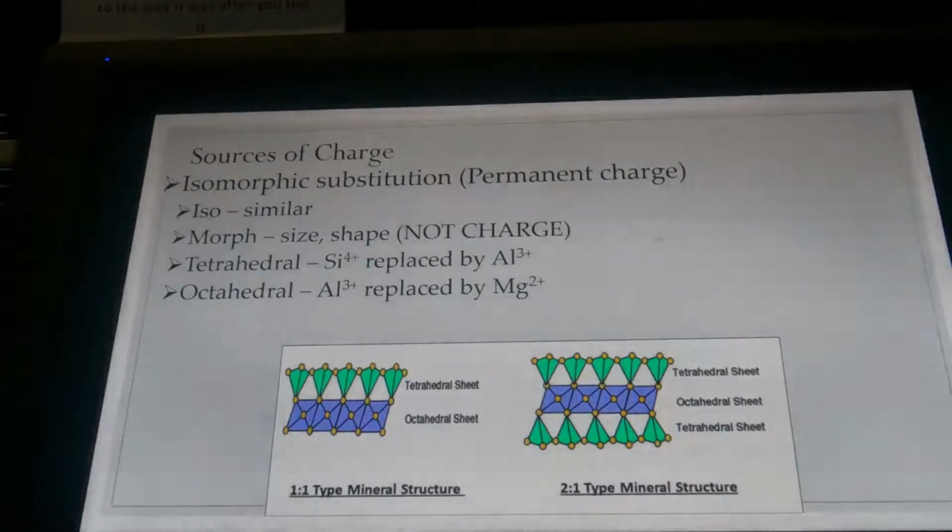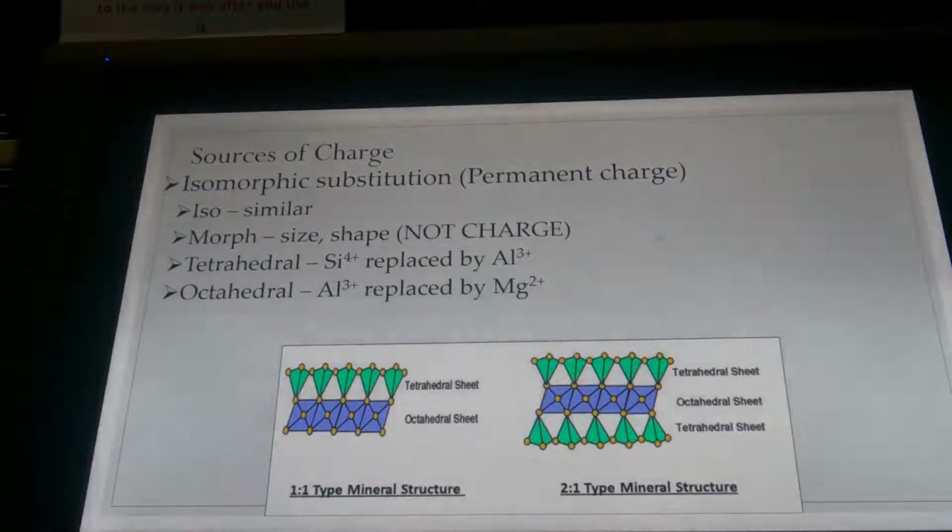But remember, we talked about potassium and ammonium being equal in that lyotropic series, and that they can both get caught inside the micas and be trapped there. Those are isomorphic cations. They are about the same size, and therefore they can fill the same space.